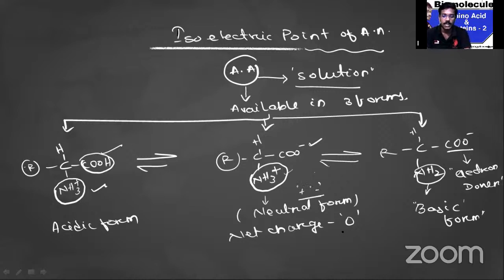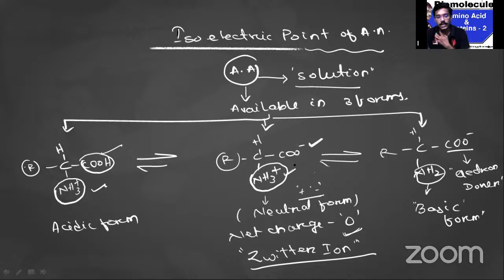And if any substance forms both positive and negative charge, that kind of ion is called a Zwitter ion. In the last class also I discussed that part. So here, if there is the same amount of NH3 plus and COO minus, that is called the neutral form, and the net charge of this amino acid will become 0.